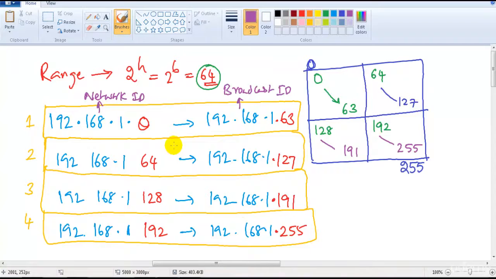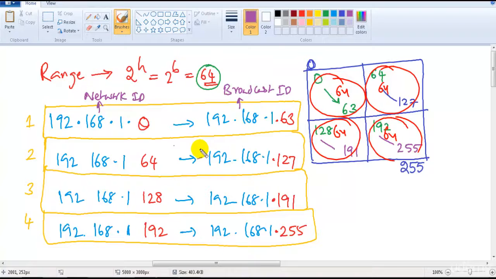Right now the network size is 0 to 63 is one network, 64 to 127 is one network, because these are groups of 64 addresses. So a group of 64 addresses will be one network, and 64 times 4 networks is 256. That's how we do the calculation.